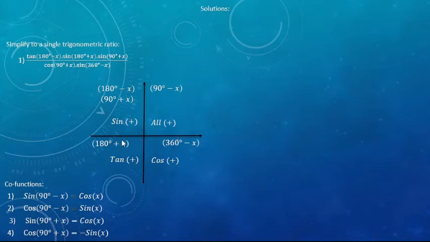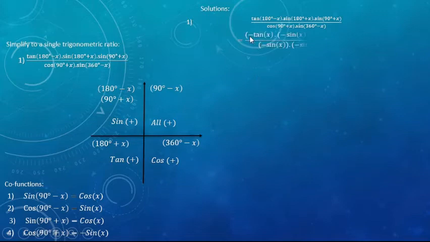So we are going to use those to simplify this to a single trigonometric ratio. As we simplify this, we have tangent of 180 minus x. 180 minus is in the second quadrant, and in the second quadrant only sine is positive, so this tangent is going to be negative.